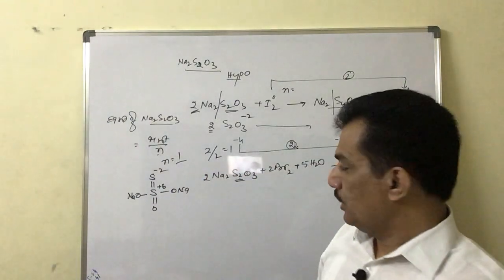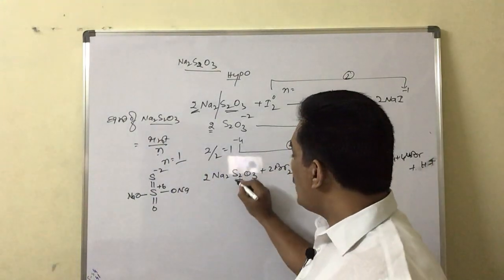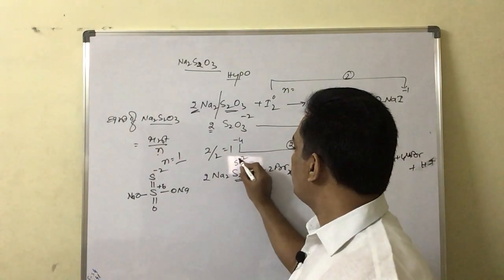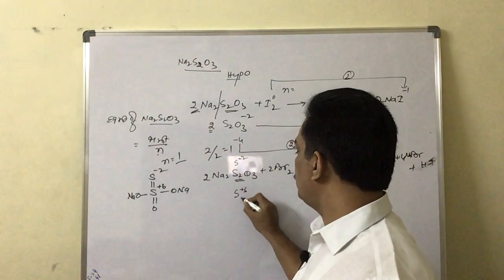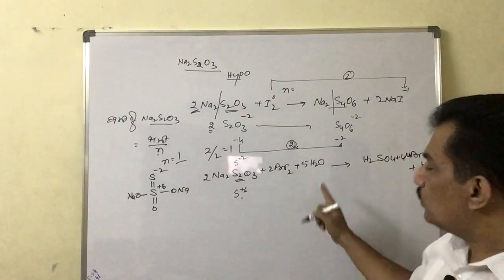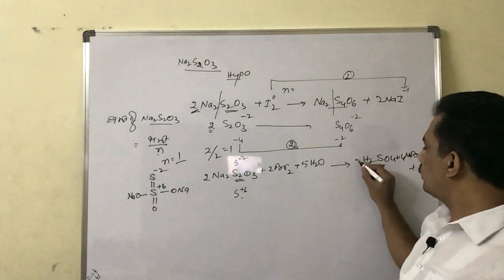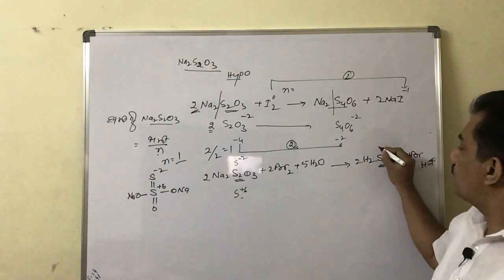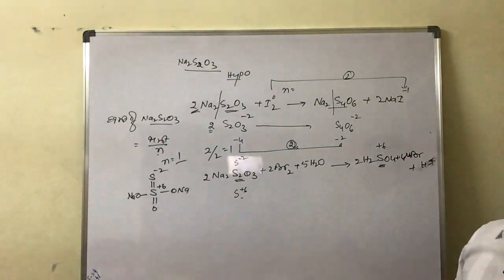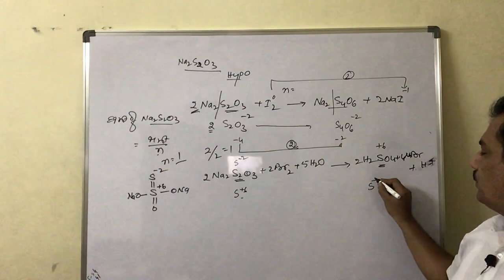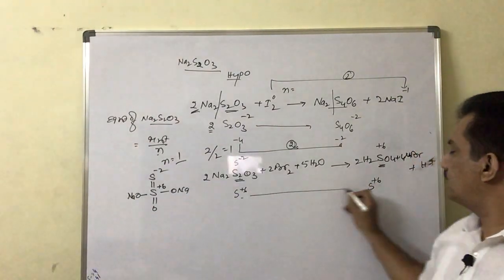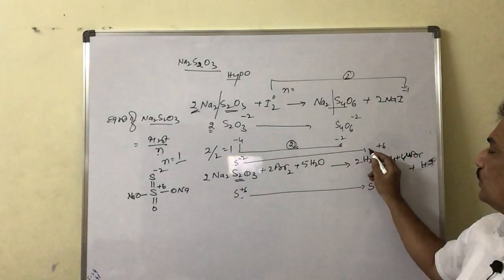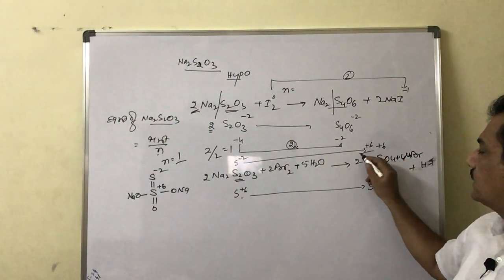Now in this reaction, one sulfur with -2, another sulfur with +6 oxidation state, these two sulfurs are converted to 2 moles of H2SO4. Here sulfur is in +6 oxidation state.